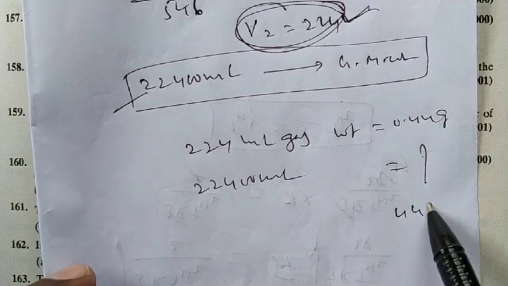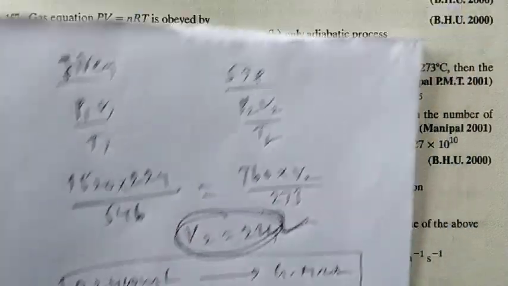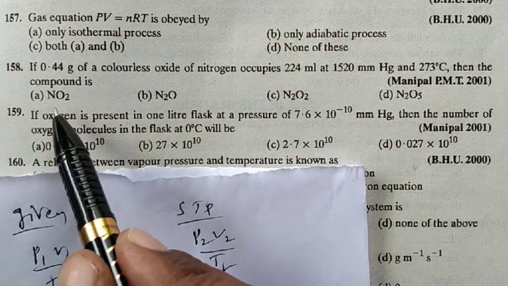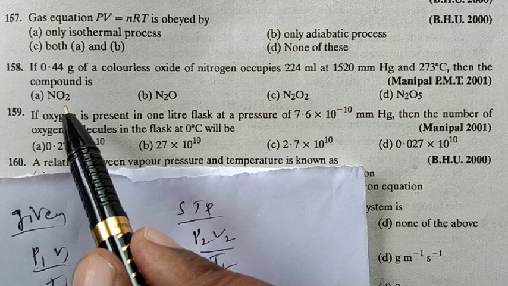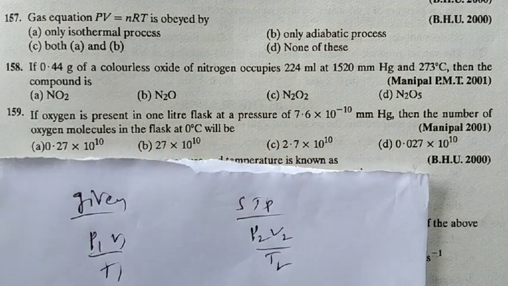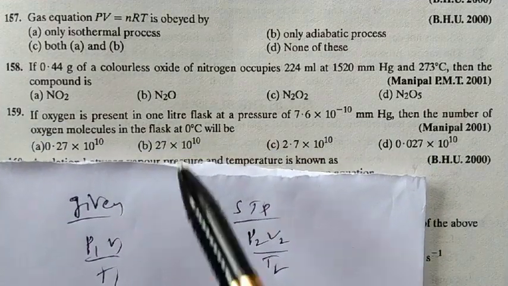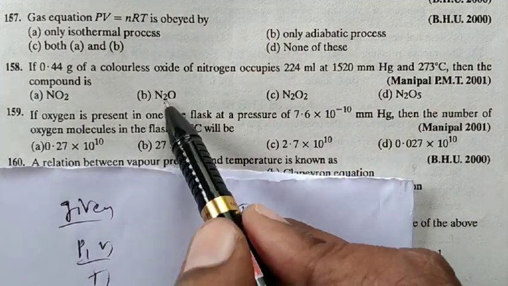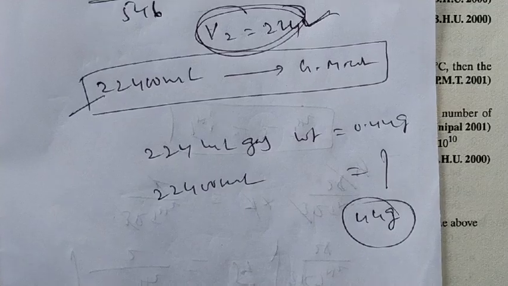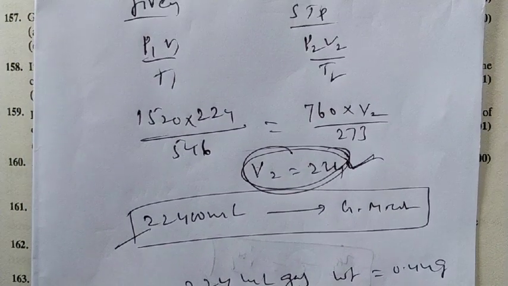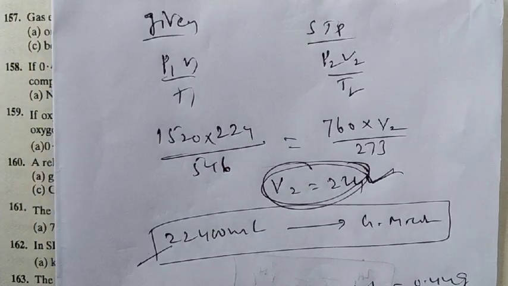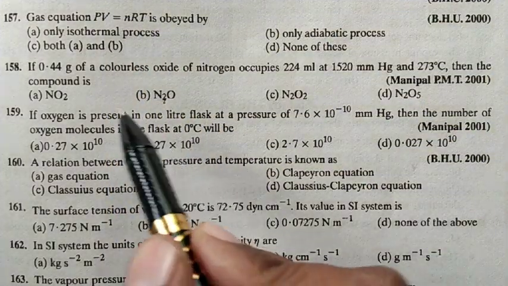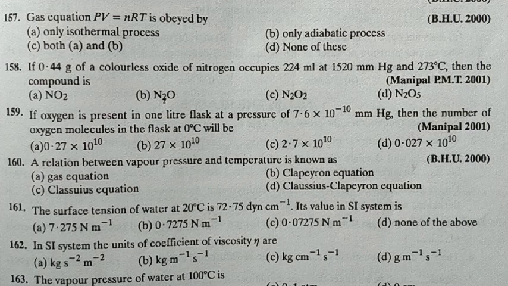If you simplify, you get 44 grams. Now among the four options, which is equal to 44? NO2 is 14 plus 32, it is not equal. N2O is 2 into 14 plus 16, so it is equal, which is 44 grams. Is it clear? Very simple method and very small logic involved in this question. So as per the given data, the gas is N2O.